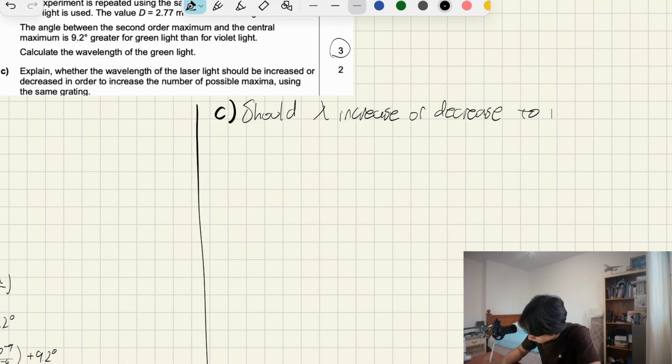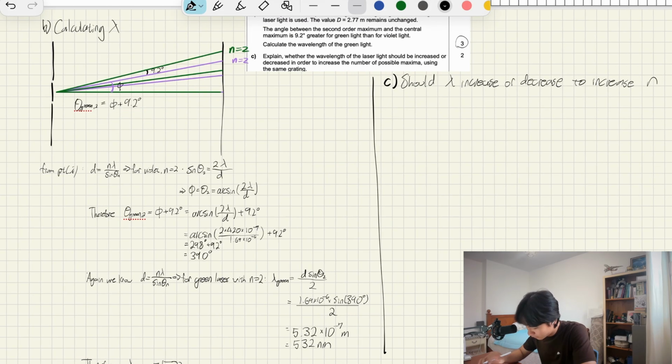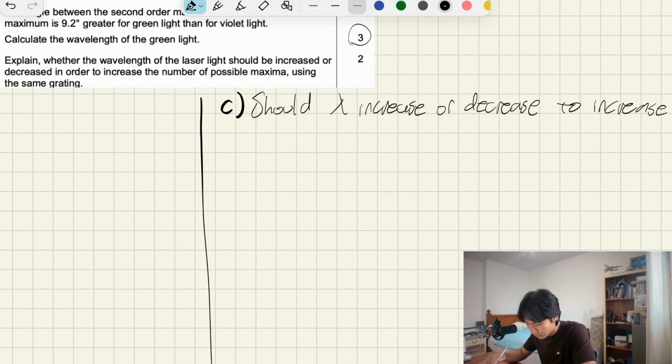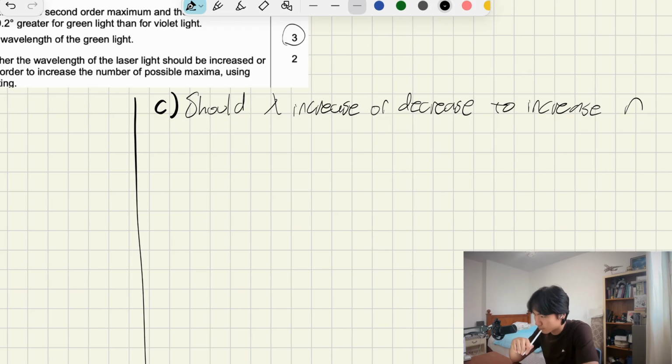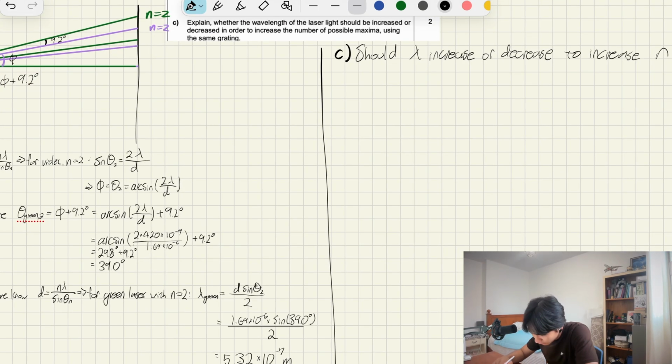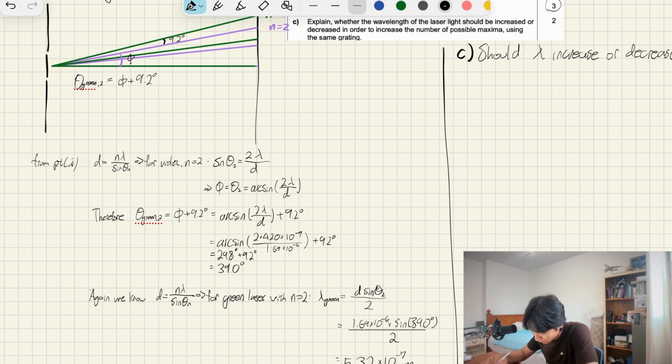To increase n, right? Because n is the maximum number of possible maxima, right?